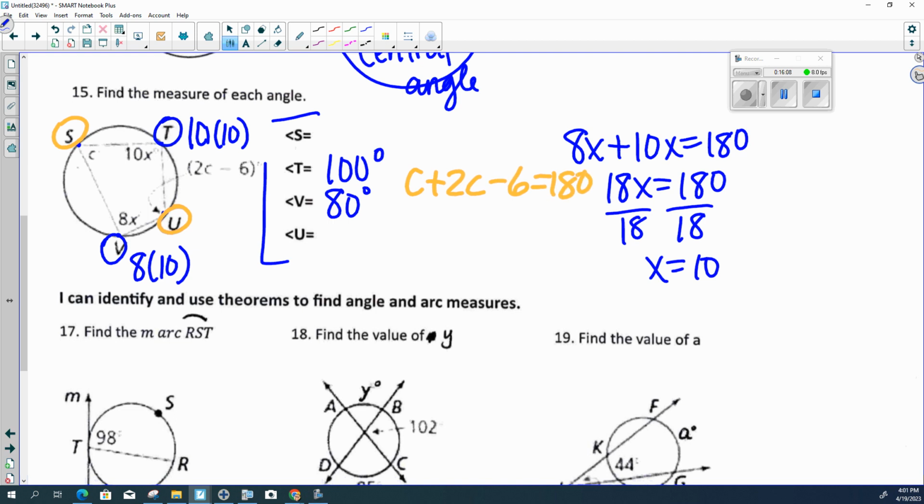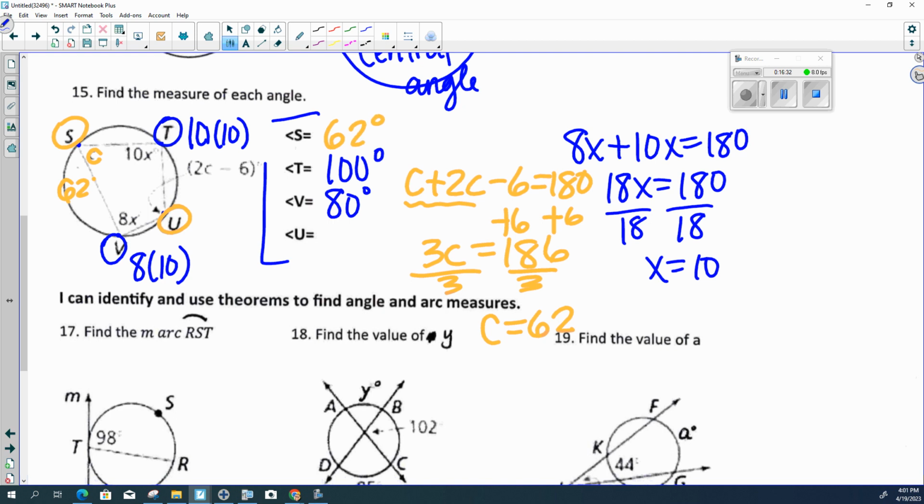So let's add the 6 to both sides. Meanwhile, I'm going to combine my like terms. Okay, so coming back over, if this is just a C, it's 62 degrees.